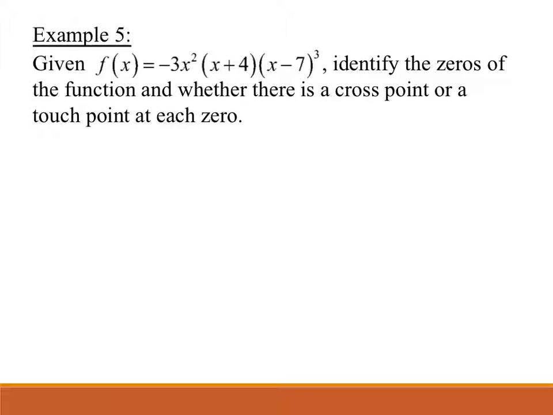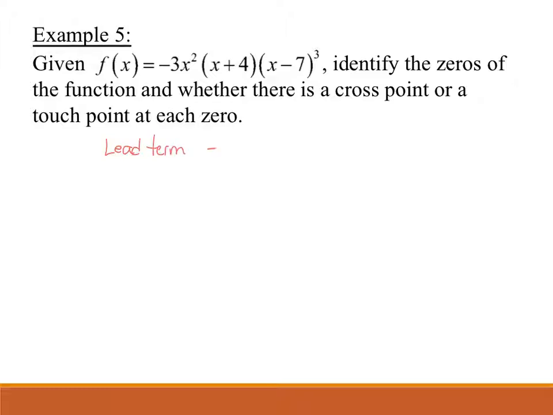So in this example 5, f of x is equal to negative 3x squared times (x plus 4) times (x minus 7) cubed. Identify the zeros of the function and whether there is a cross point or a touch point at each zero. So when we look at this, we're first going to look at the lead term.